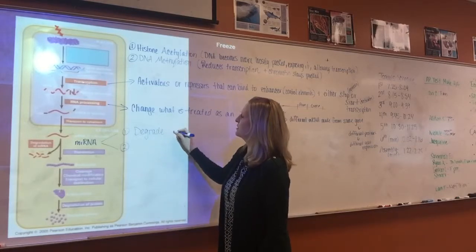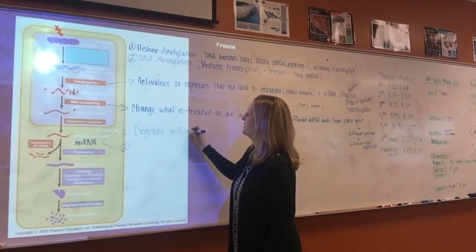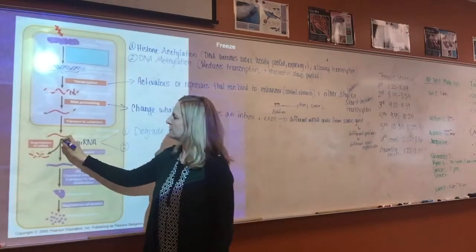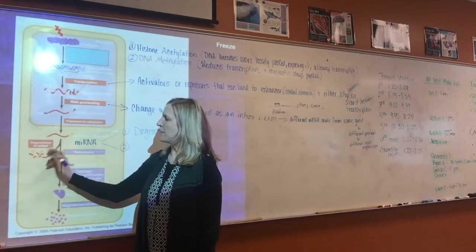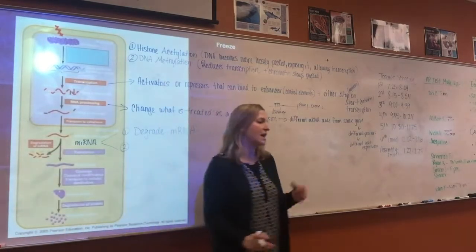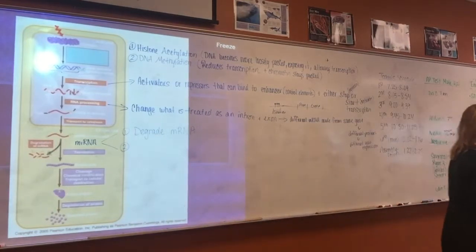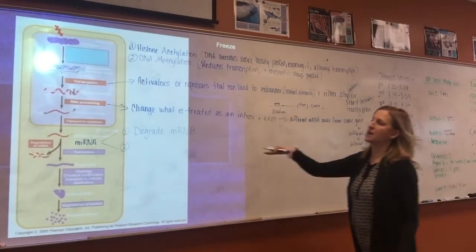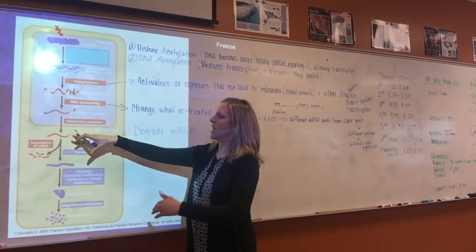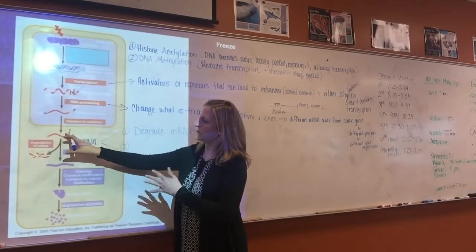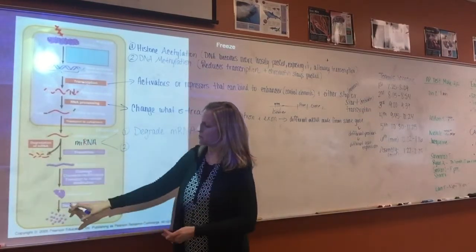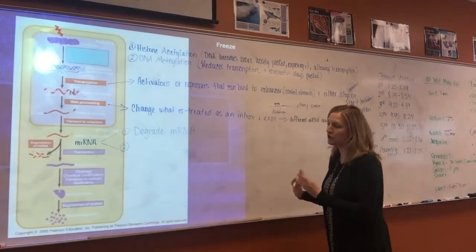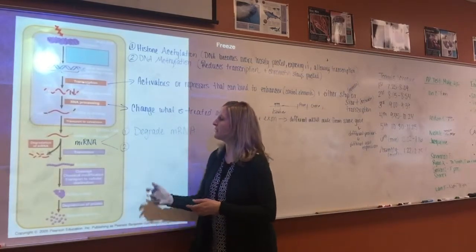Yeah, so it can degrade the mRNA. That's what we see here, where it's going to break down the mRNA. And that's helpful in gene expression because if you have your mRNA made, and we degrade it, it can't be made into a protein, and so we're controlling the activity of that protein.